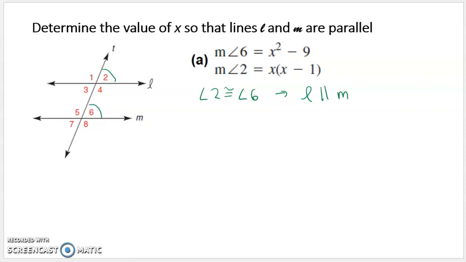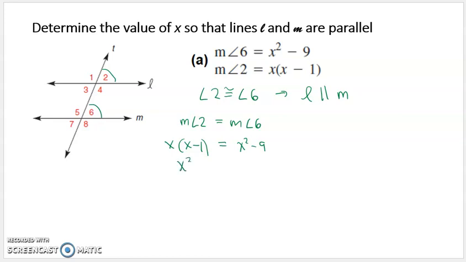All right, congruent angles means their measures are the same. So that means that the measure of angle 2 must equal the measure of angle 6. So I could set up the equation. Measure of angle 2 is x times x minus 1, and I'll set that equal to x squared minus 9. Let's distribute my x.